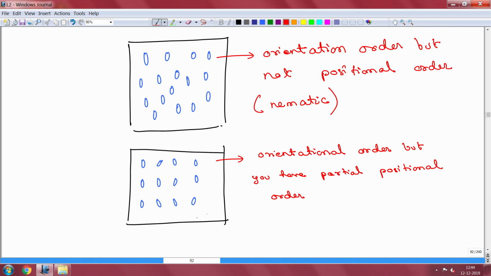And although in this diagram it seems as if the positional order is there in a significant quantity, this class of materials is also called smectics.